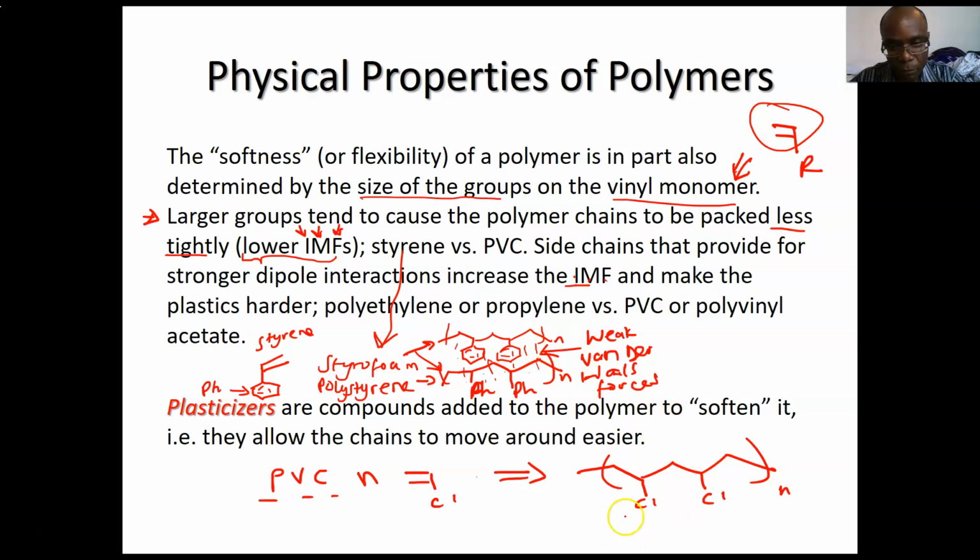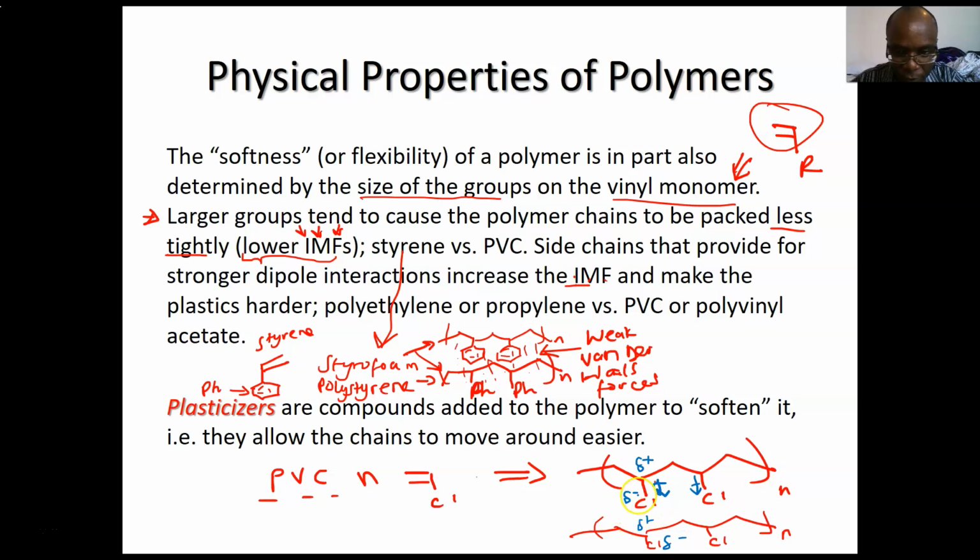So bring another polymer of itself on top, because we want intermolecular forces, so we have to bring the two together. So you remember chlorine is more electronegative than carbon. Dipole moments will point towards the chlorine. That gives you a partial positive charge on the carbon, partial negative on the chlorine. So here you'll have partial positive, partial negative.